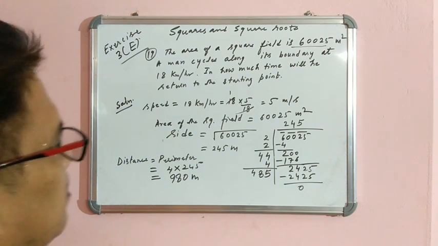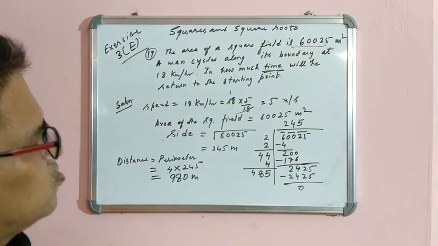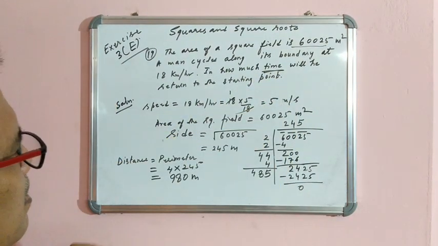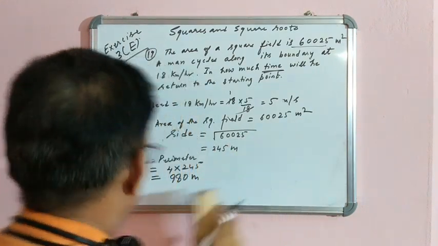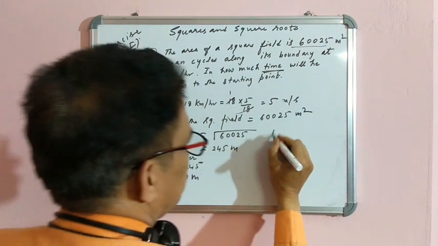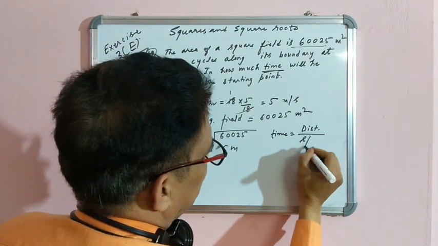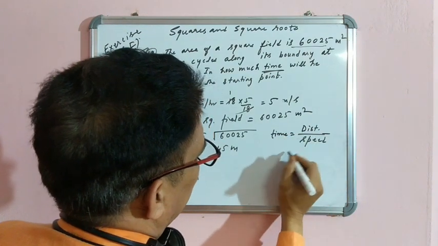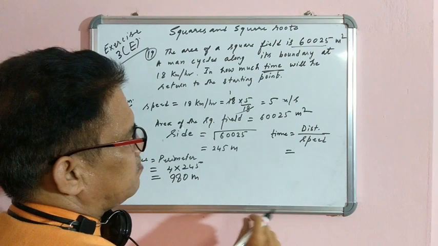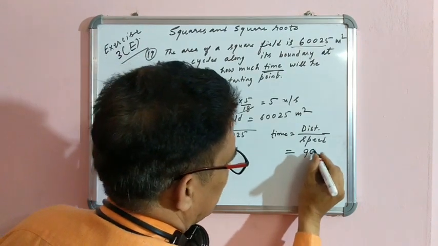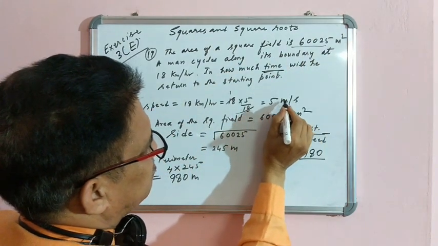Now we have to find the time. Time is equal to distance upon speed. This is the formula, speed, time, distance, you have studied in physics also. So 980 meter upon speed is 5. We have calculated the speed as 5 meter per second.